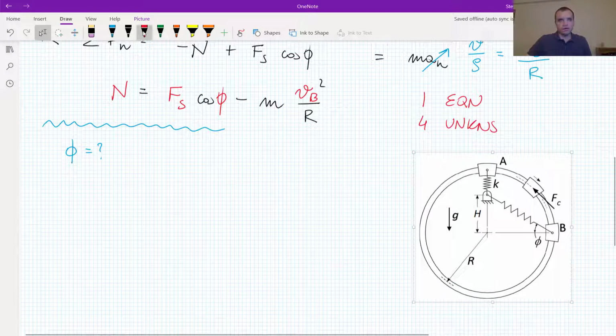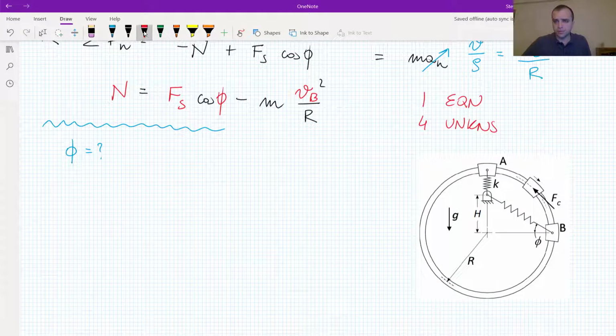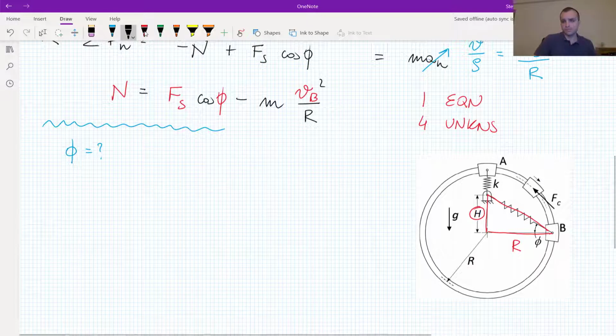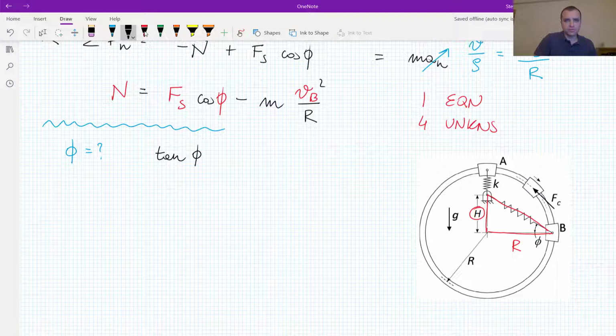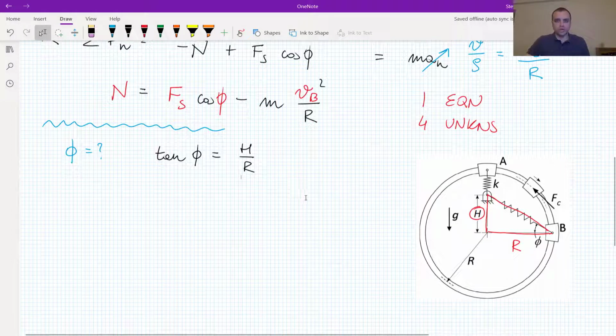So I believe that phi can be found from this triangle, because this side is R and this side is H. So I think that tangent of phi is equal to H divided by R. And I think that we know what is H, and what is R.